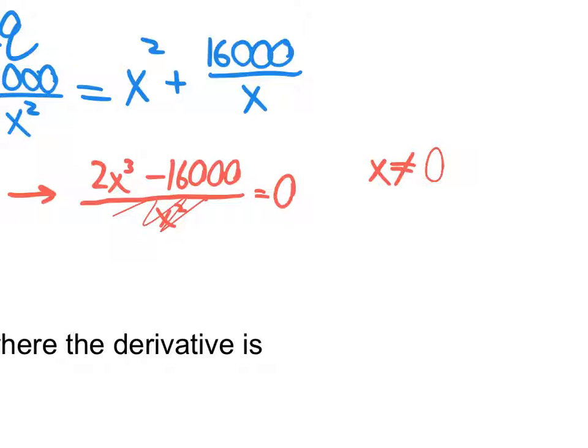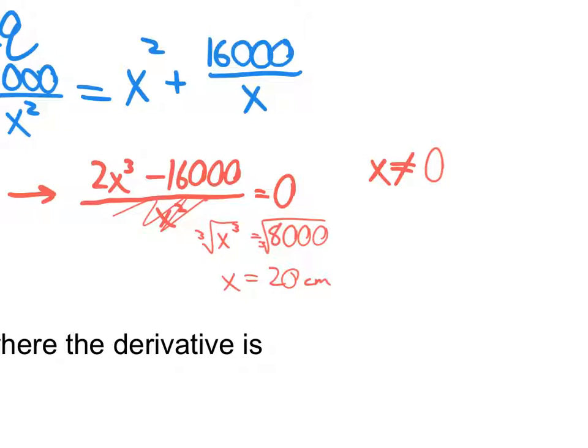So now I'm going to add 16,000 and divide by 2. So I get x cubed equals 8,000. And if I take the cube root of both sides of this equation, I get x equal to 20. And our units of measure here are centimeters.